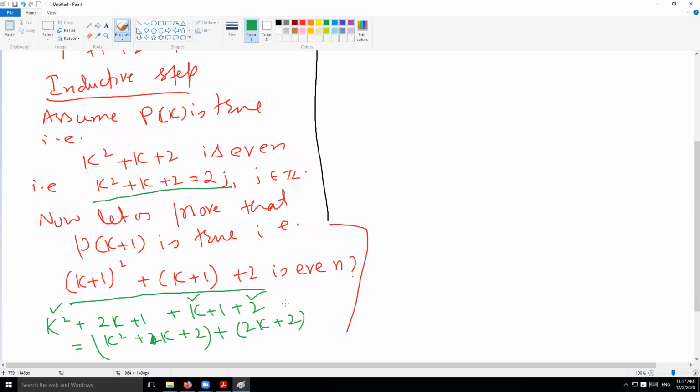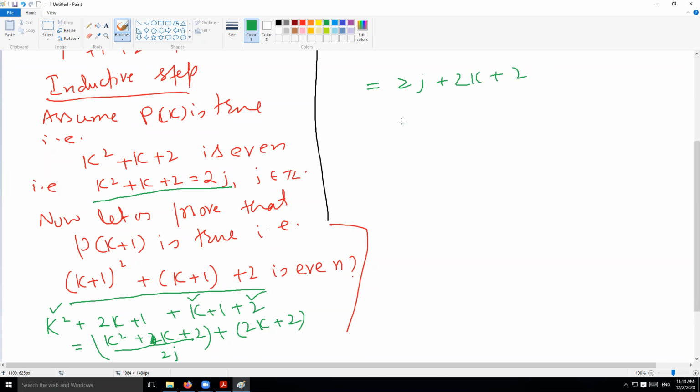Now by assumption, k square plus k plus 2 is equal to 2j. So this first expression will become 2j. So 2j plus 2 plus 2k plus 2.